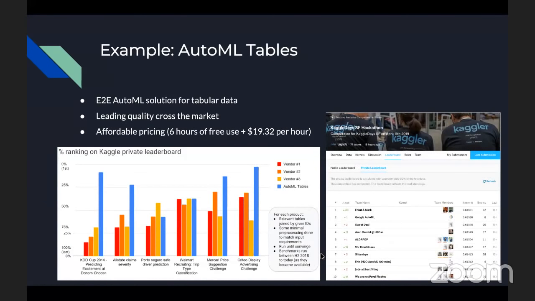I can give you some examples I'm currently working on. This is the product we just launched at Google Cloud Next two days ago, through Cloud. The solution we call AutoML Tables. Basically, we want to build an automated solution for tabular data.